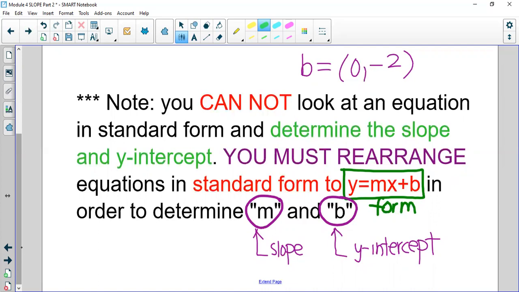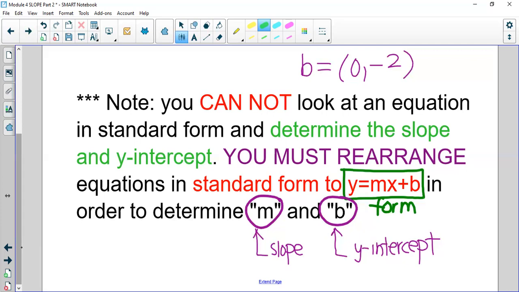This statement should be in all of your study notes for the unit 10 and 11 test. Because if you forget about this, that's going to lead you on a very difficult path when you're trying to solve your equation.